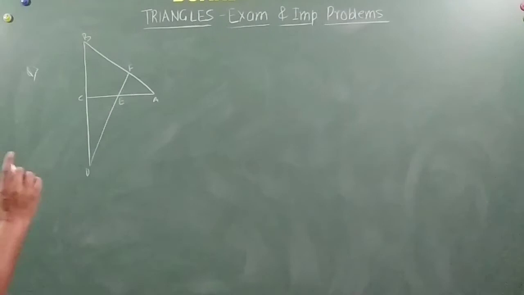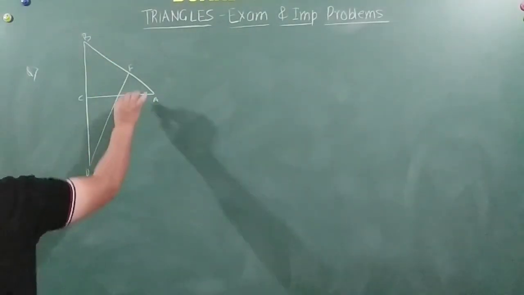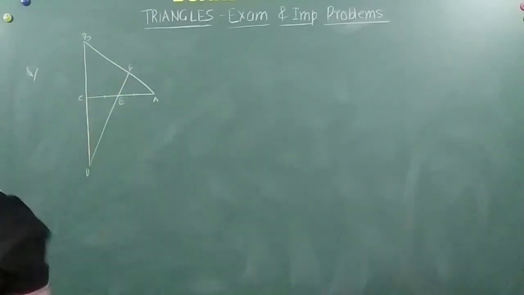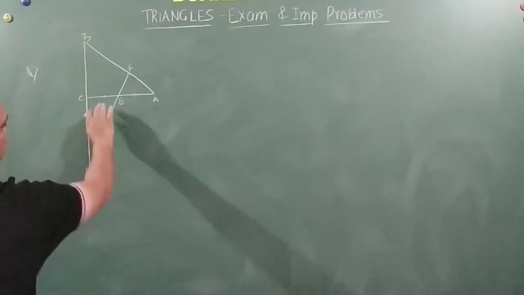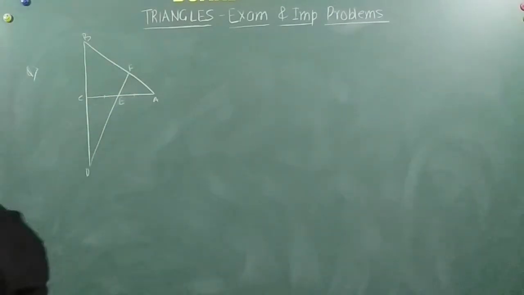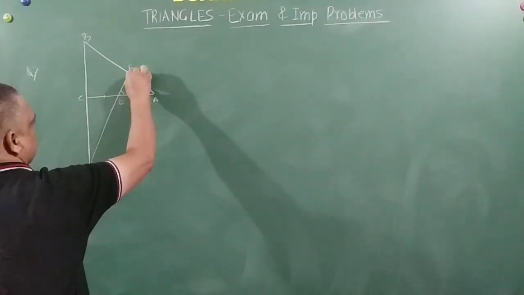Line segment DF intersects side AC of triangle ABC at the point E such that E is the midpoint of CA. That means this is equal to this. This is given. And angle AEF, that is this angle, is equal to angle this.